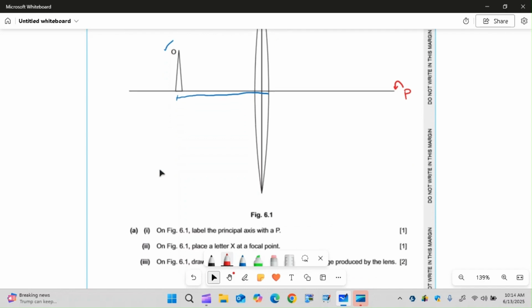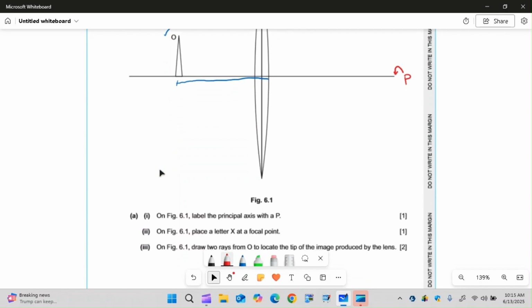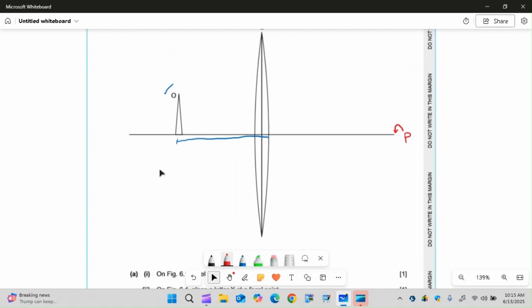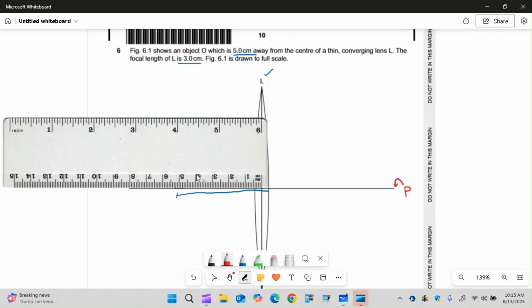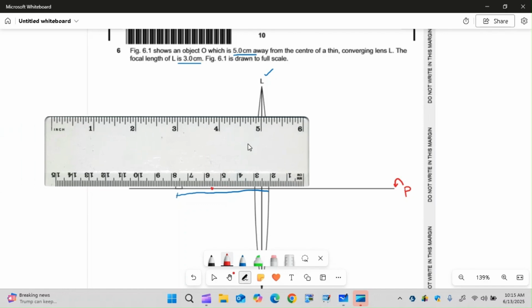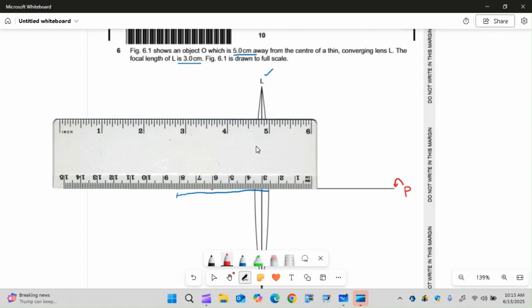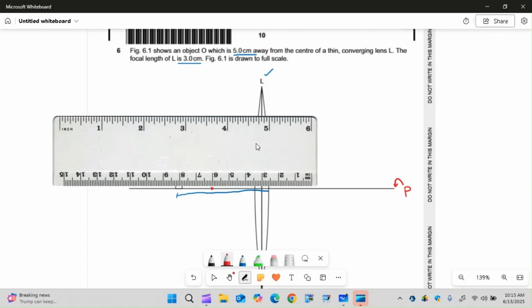Part B says we have to place a letter X at a focal point. For the focal point, we have been given a 3 centimeter distance. So I will mark the 3 centimeter point on either side. This is the point, 3 centimeter on the left side, showing the focal point. In the same way, I mark another 3 centimeter mark on the other side. Both of these points represent the focal point.